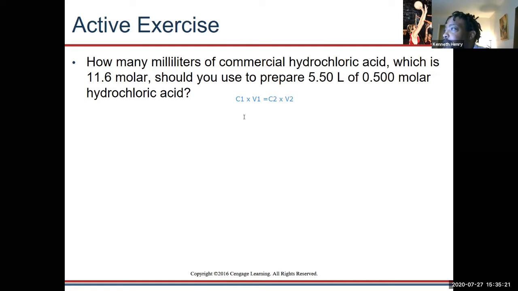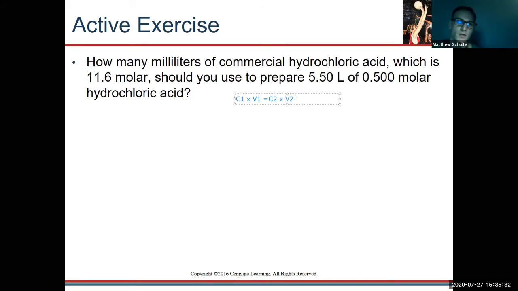Okay, so is C1 11.6 molar or 0.500 molar? So are we going to make it 11.6 or are we going to make it 0.5 molar? 0.5. Okay.